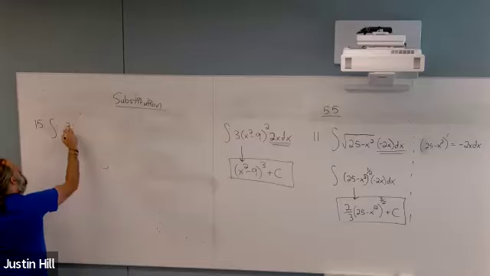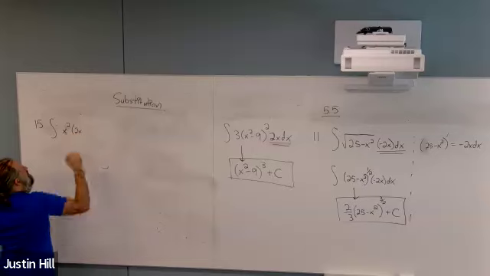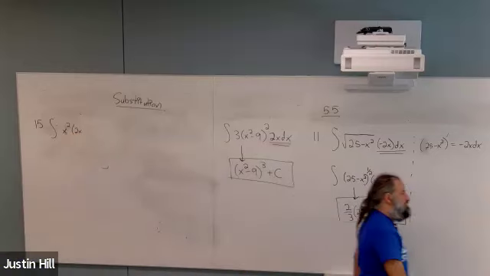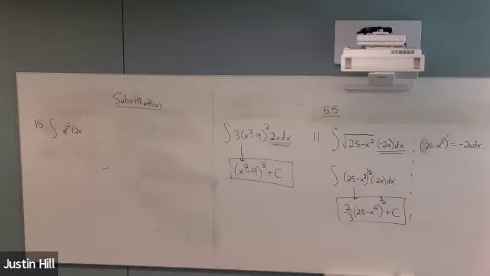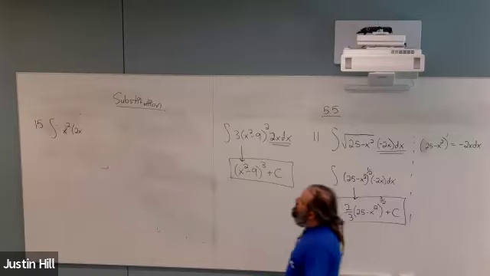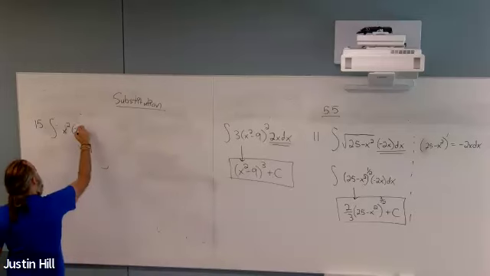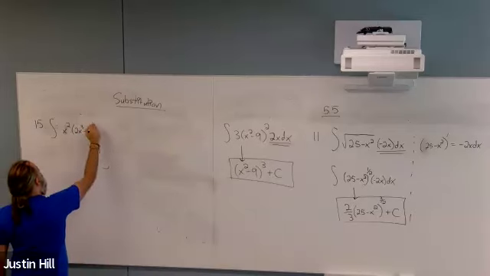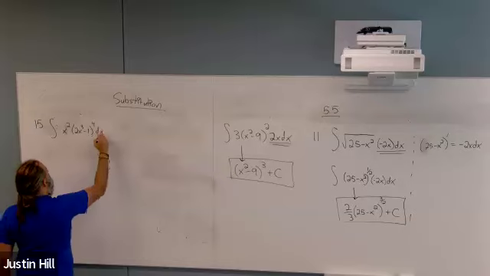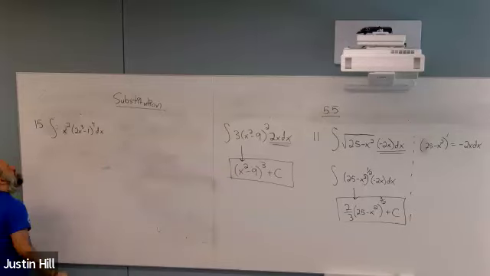We have x squared times (2x cubed minus 1) to the fourth dx. And they want us to take the integral of that.